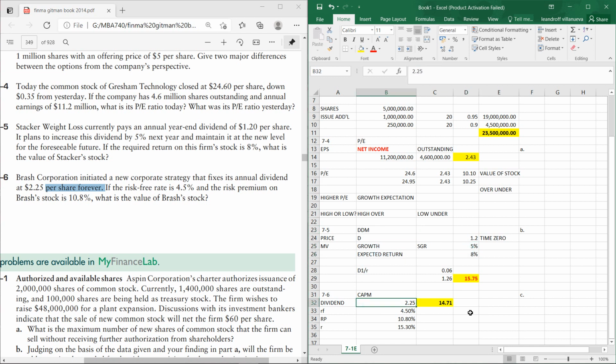And in 7-6, you use CAPM to determine the expected rate of return, but still the model that we use is the dividend discount model. But in this case, this is zero growth model because perpetuity yung ginamit natin. Okay? So thank you very much. I'll give you other samples of the computation.